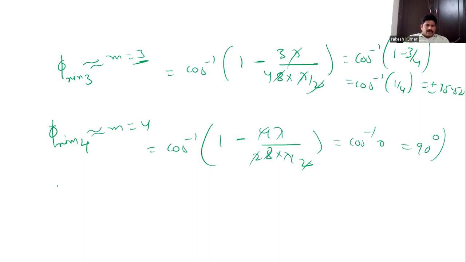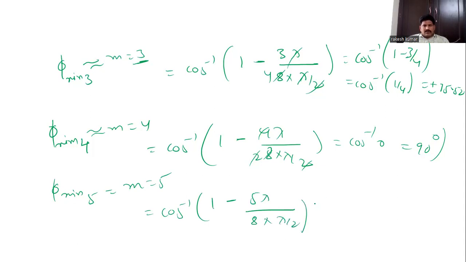Next, phi minimum 5, that is m is equal to 5. That is cos inverse of 1 minus 5 lambda by 8 into lambda by 2, that is cos inverse of 1 by 4, which is plus or minus 0.47. Okay, so these are the values for the null directions.